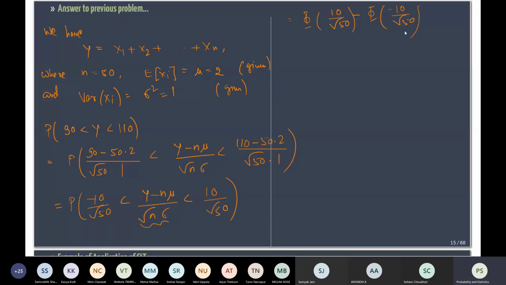So this is what I get by using CLT. I can actually have an estimate on this quantity, right?